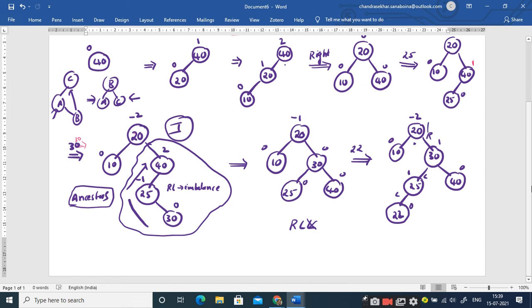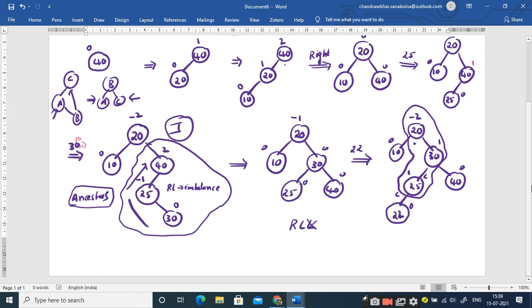Here the imbalance has happened at 20. So I should give a solution from the node where the imbalance has happened. So I should take these three nodes. Is it clear?